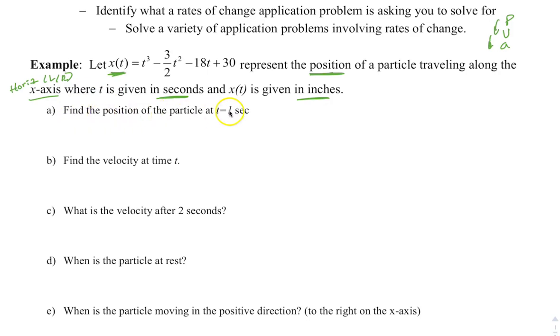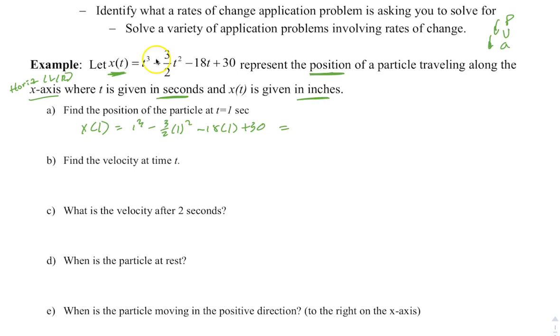Find the position of the particle at 1 second. So again, they want the position. I have the position function. They're giving me t equals 1 second, the time, so you just substitute it in. So x of 1 equals 1 cubed minus 3 halves times 1 squared minus 18 times 1 plus 30.